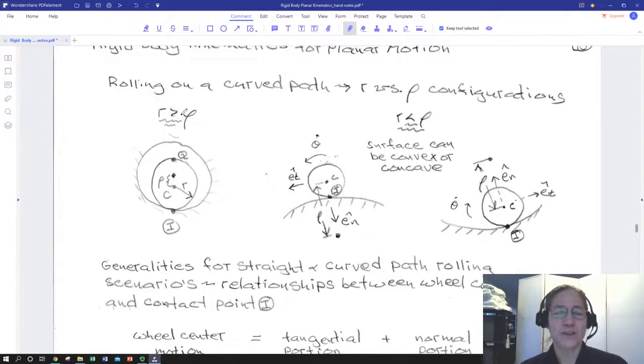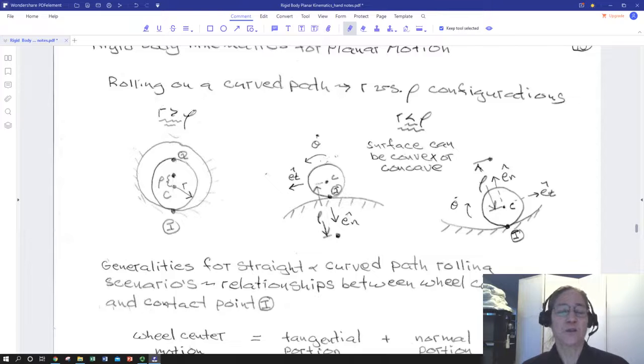Okay, so we can imagine different scenarios for the radius of our rolling wheel and the radius of curvature of the surface that we're rolling on. So this is the kind of oddball case where the rolling wheel, the moving rigid body, has a bigger radius than the radius of curvature.